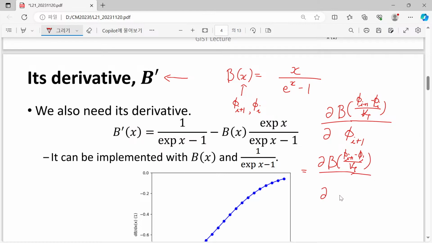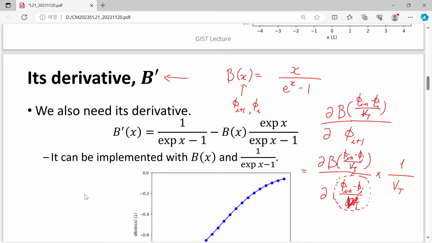Also here we have Vt multiplied by 1 over Vt, because this is partially derived with respect to phi sub I plus 1, so it will give us 1 over Vt. So we need this quantity, round b over round x. This quantity is needed, and how can we do that?